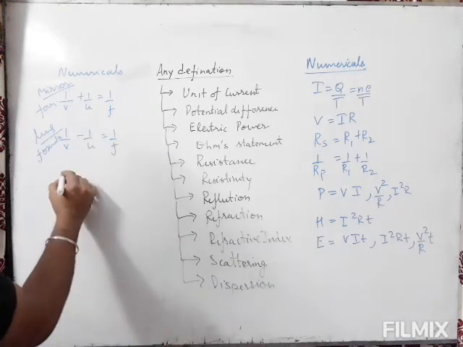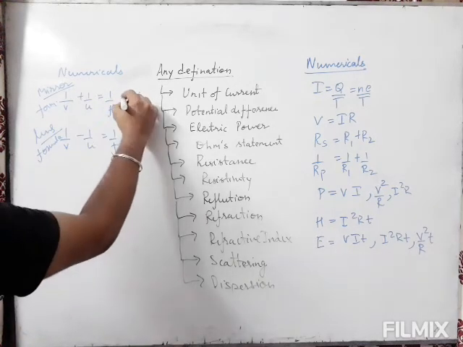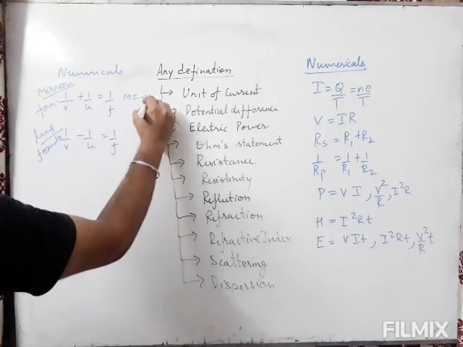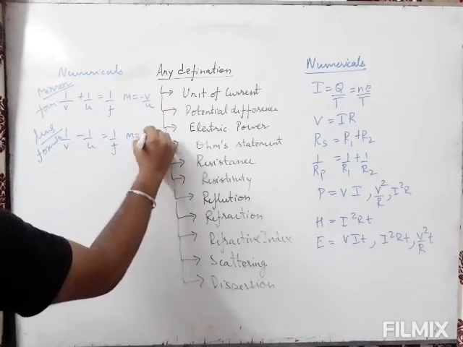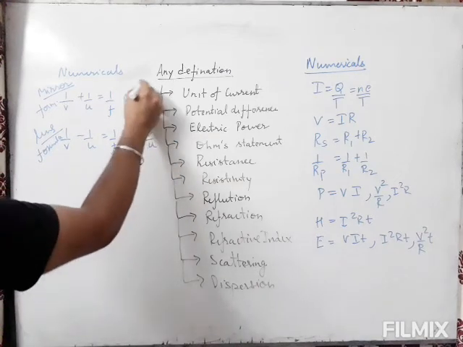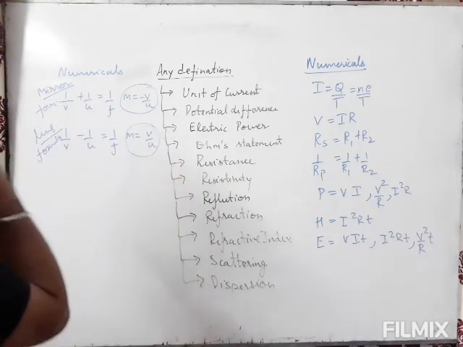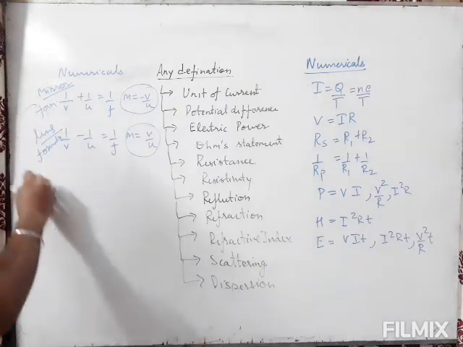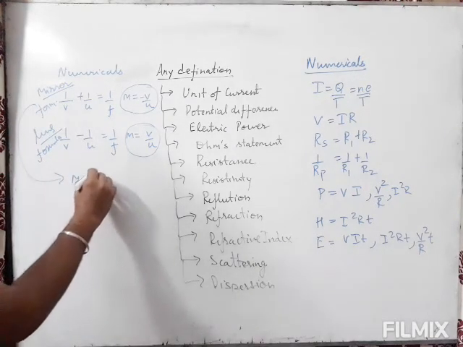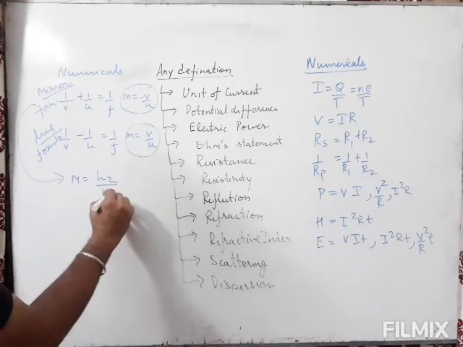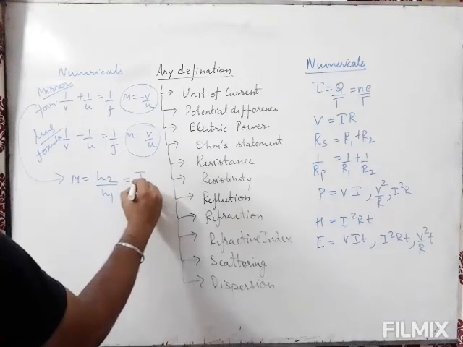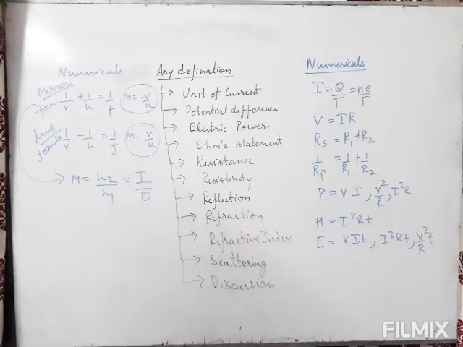Further, the mirror has magnification minus V by U, and the lens has magnification V by U. This is the basic difference between the formulas. Another formula for magnification in both cases is height of image upon height of object. You need to remember these formulas for solving numericals based on light.